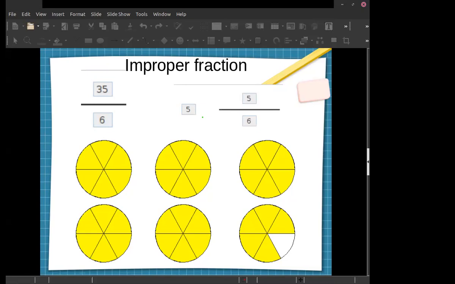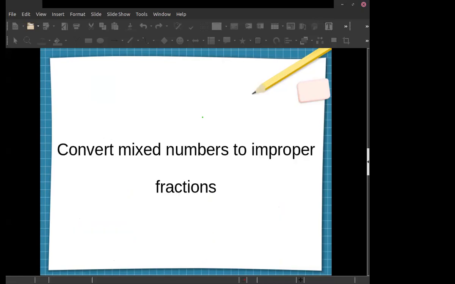Now someone else can try the next one. Convert mixed number into improper fraction. So now you do the opposite. The opposite of a mixed number, you change to an improper fraction. Who am I going to ask? Am is always so quiet.